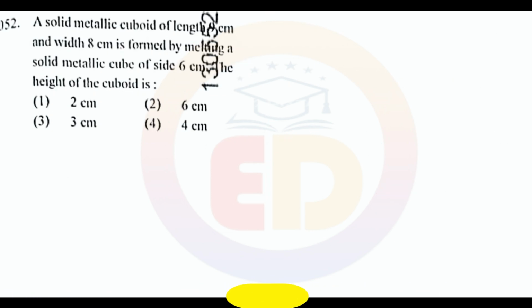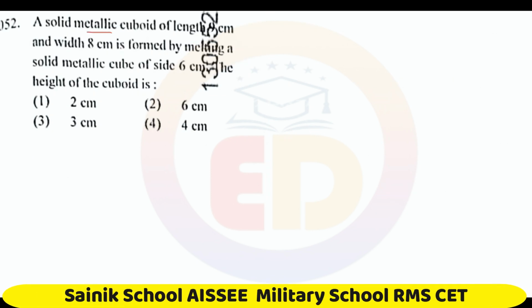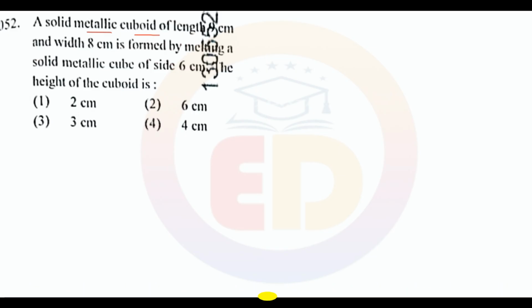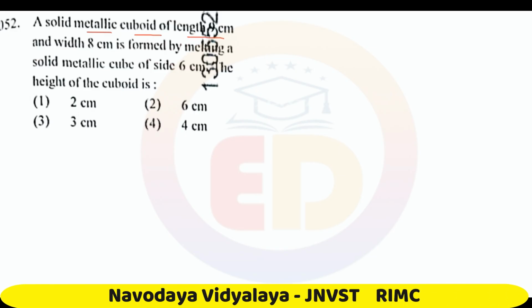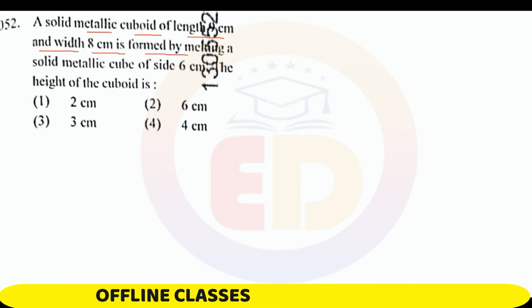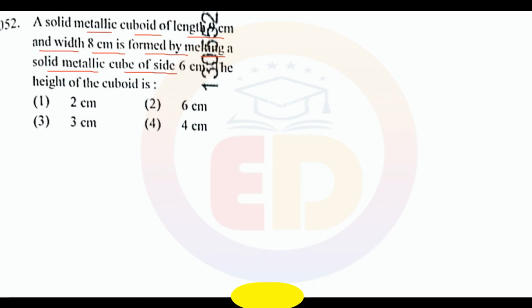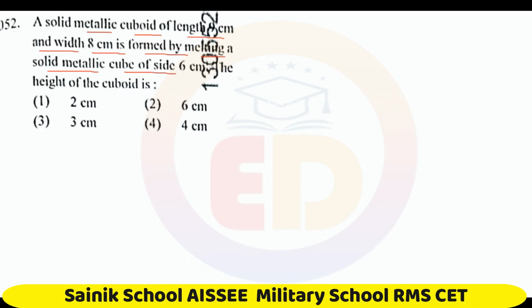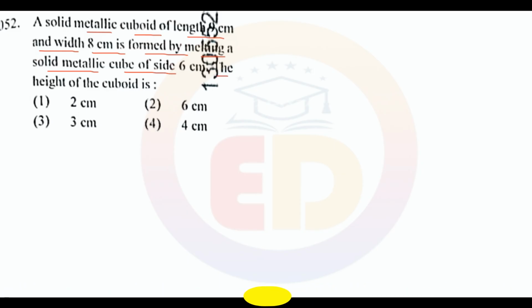Question number 52 says a solid metallic cuboid of length 9 centimeter and width 8 centimeter is formed by melting a solid metallic cube of side 6 centimeter. The height of the cuboid is.